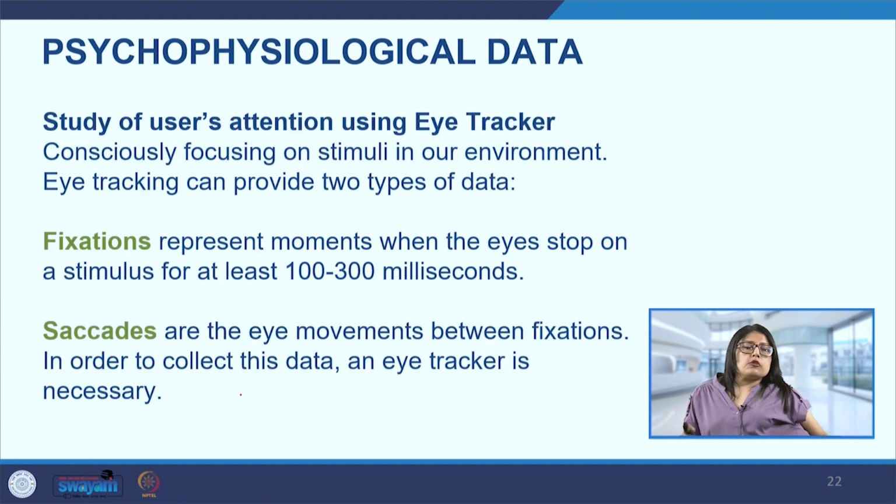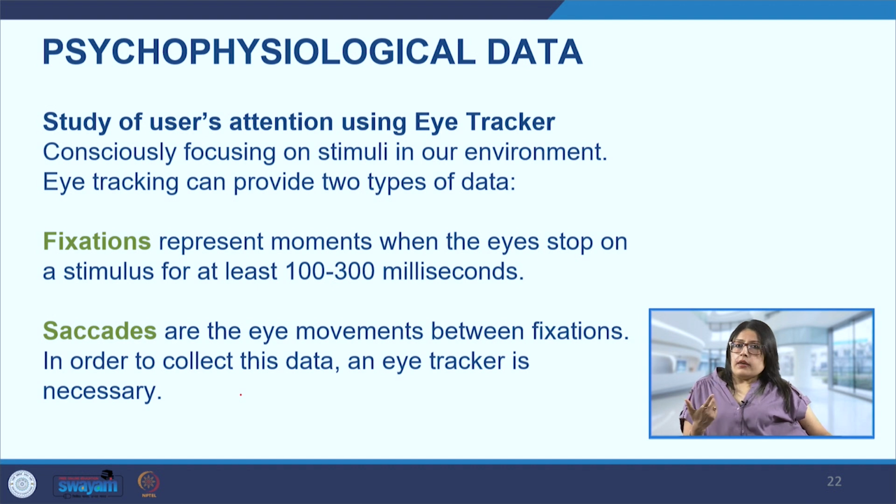One of the most useful types of data that is being utilized to see whether the user is able to find the application useful or not is eye tracking. Eye tracking is a device that tracks where the eye movement is, where the eye is looking.